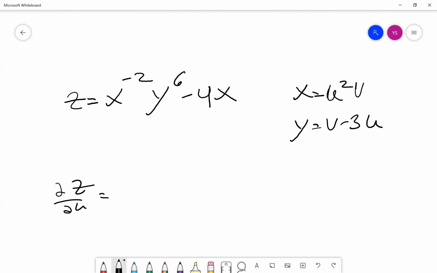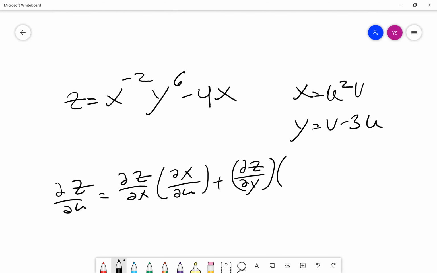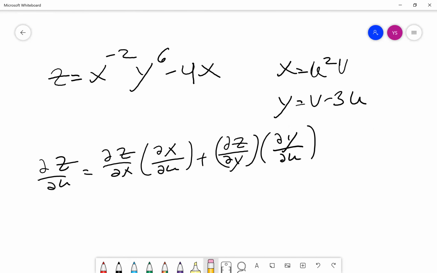So this again is going to be partial of z with respect to x times partial of x with respect to u plus partial of z with respect to y times partial of y with respect to u. And so, okay, what is the partial of z with respect to x? So that is going to be this -2 comes down.